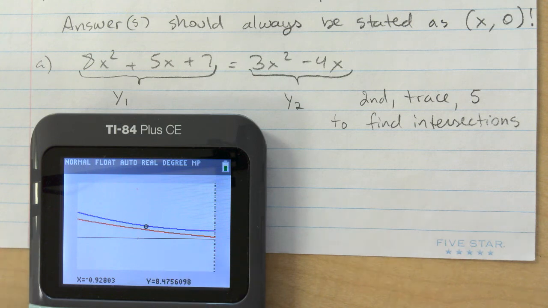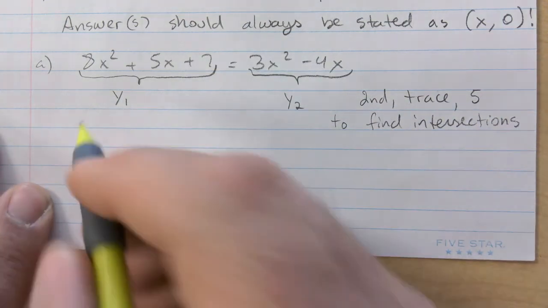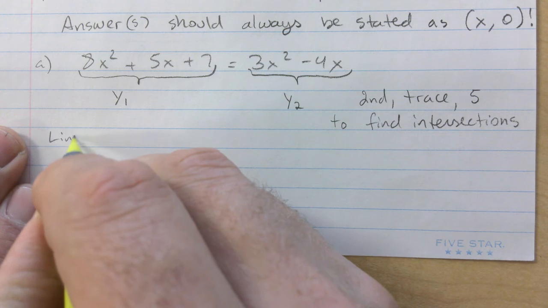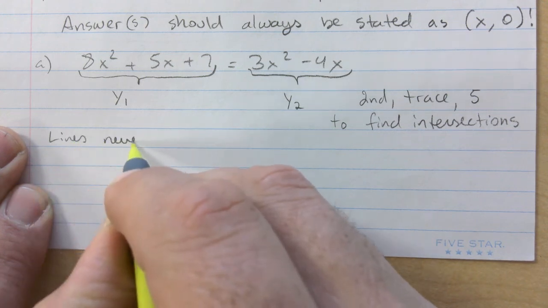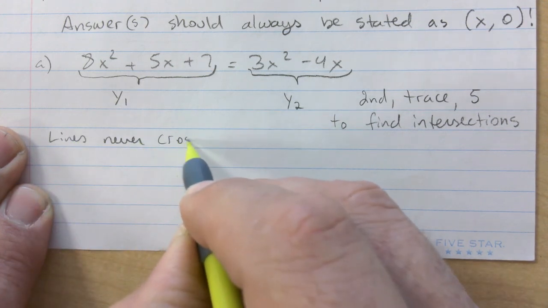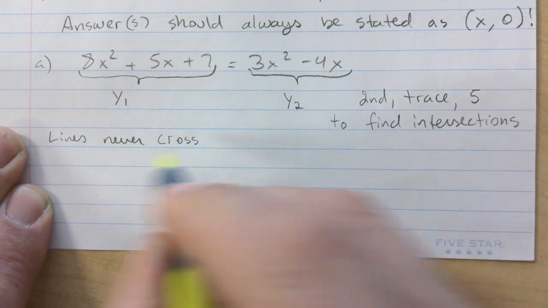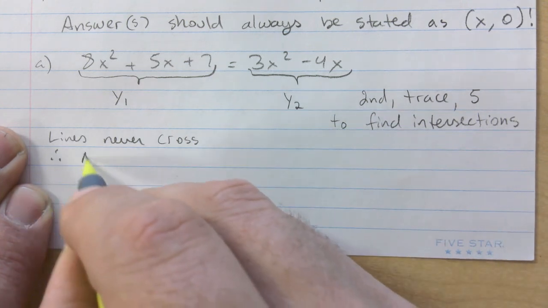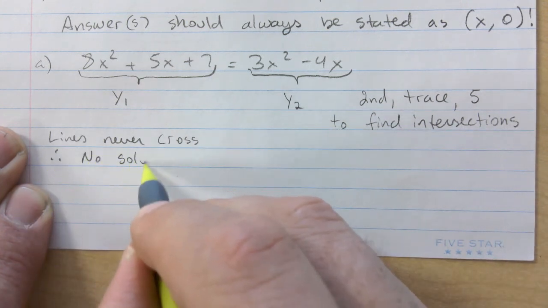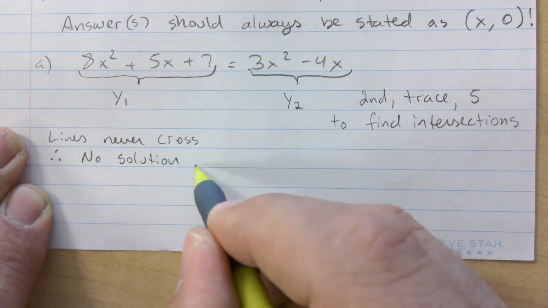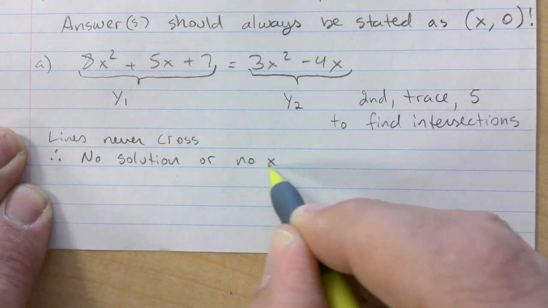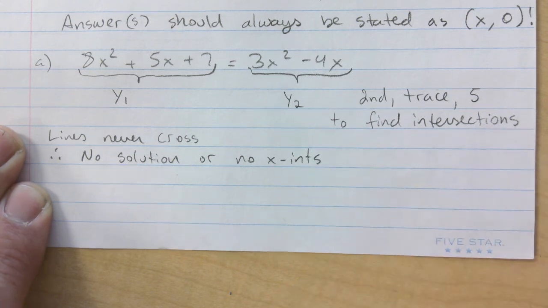That would be the only possible way where it could be crossing. So this is an example of lines never cross, therefore no solution or no x-intercepts.